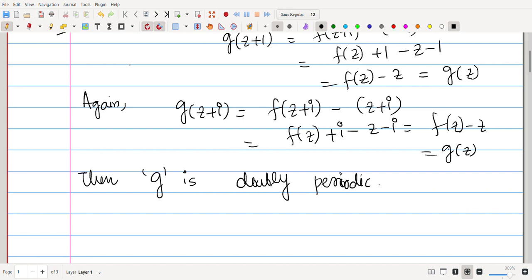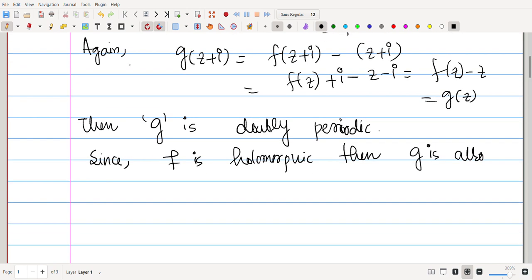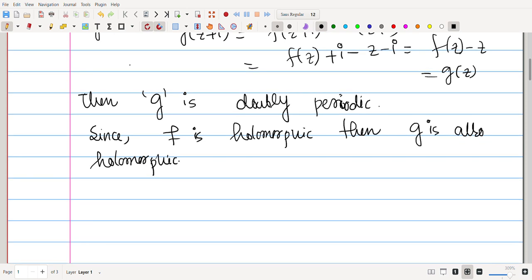And since f is holomorphic, then g is also holomorphic. If f is holomorphic, then g is also holomorphic on C, that means g is entire. And g is doubly periodic.